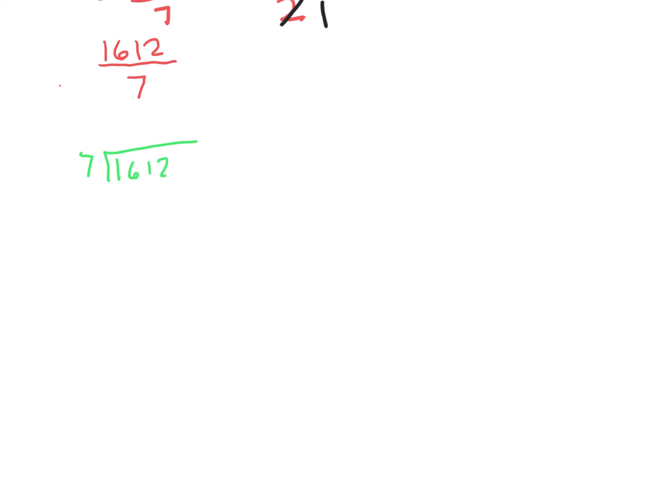We would take 1,612 divided by 7. And so this number here will be our whole number. The remainder is our numerator, and we leave 7 as the denominator.